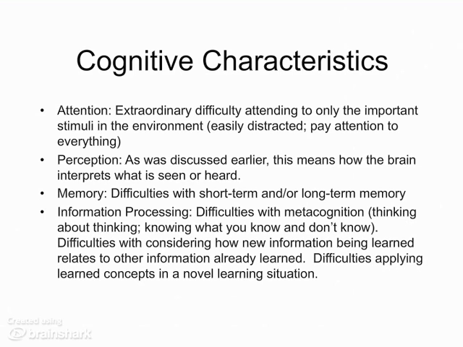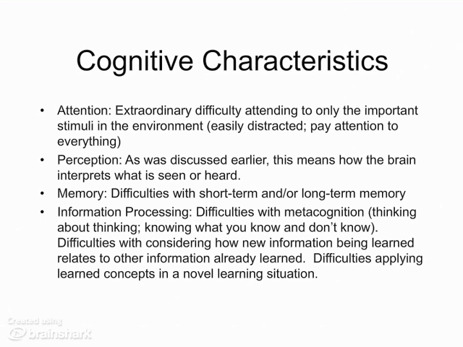Also, students with LD may have difficulties with perception. As was discussed earlier, this means that they have difficulty processing what is seen and what is heard. They might have difficulties with memory, and this can result with difficulties with short-term memory and/or difficulties with long-term memory.